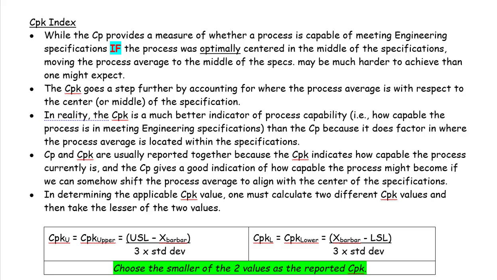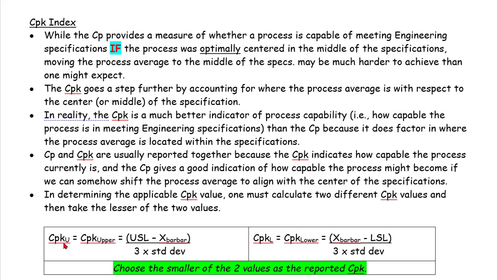In determining the applicable CPK value, one must calculate two different CPK values and then take the lesser of these two values. So you'll calculate two different numbers and you take the smaller one. Here are the formulas.